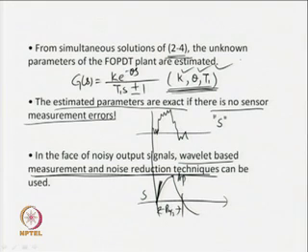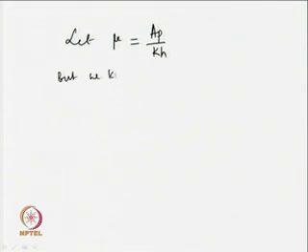Now, let us extend this analysis a little bit. Let us introduce one more parameter. Let mu is equal to AP by KH. But we know that AP, the peak amplitude, can be given in the form of minus plus KH e to the power minus plus theta upon T1 minus 1.